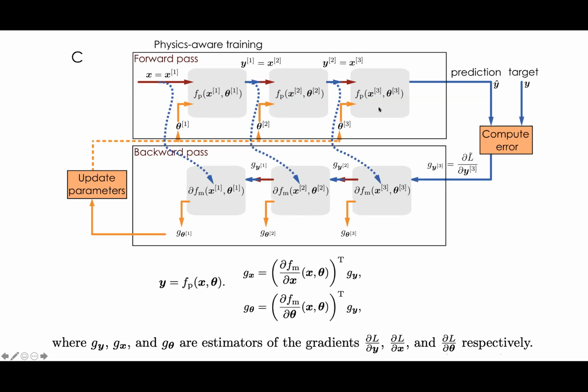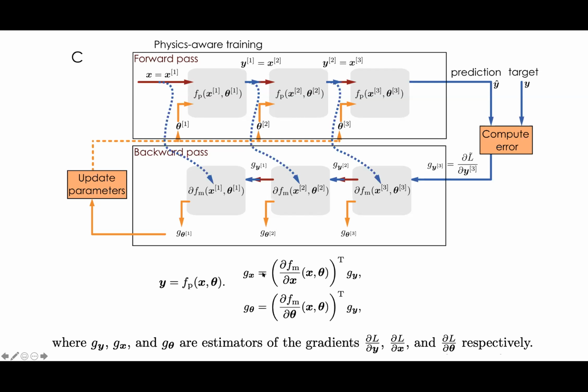So this part is physical. It is realized in the physical system, and then you get the prediction, and you have the target, and you compute the error. Of course, I believe this error is calculated by the computer. Maybe we should take a look at this. So y is f_P(x, theta).